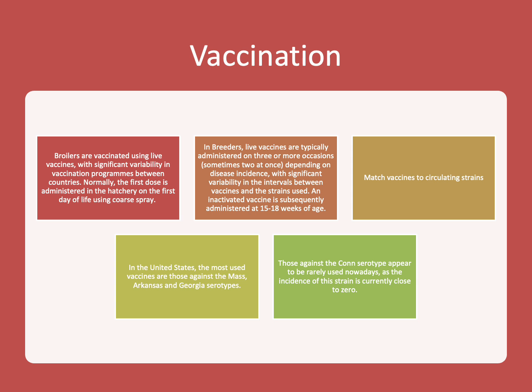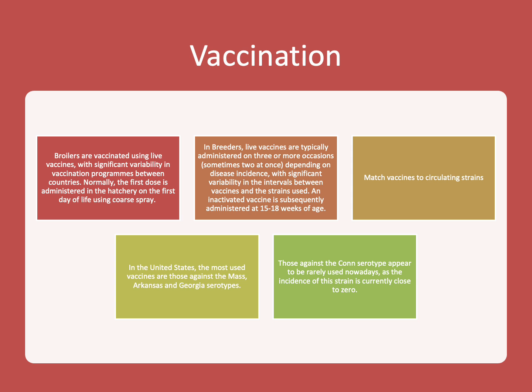So if you're using the Connecticut strain vaccine in Nigeria, where we have the IB491, you're not going to get protection because the strain of the vaccine you're using is not the strain of the virus that's endemic in Nigeria. So you have to be precise and match the right vaccines to the circulating strains.